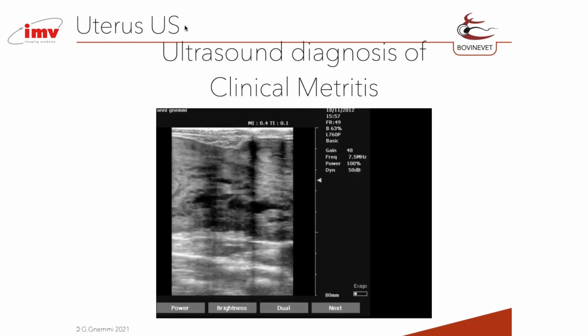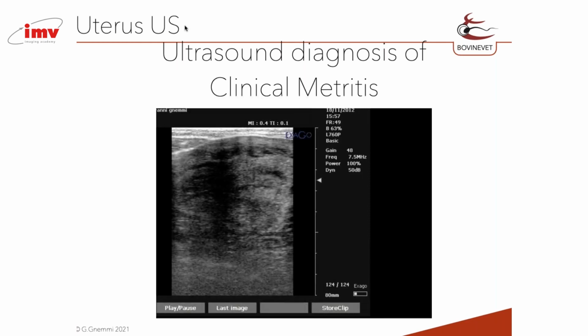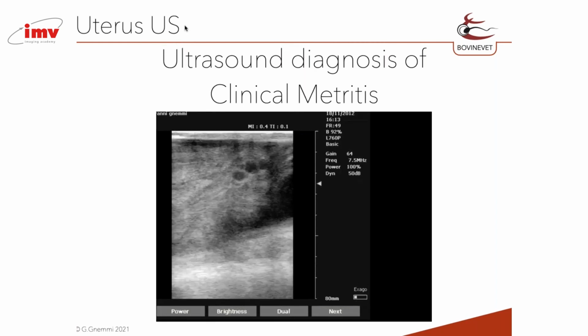So during the first 10, 15 days, if we check the uterus, we can see a typically white line over the cotyledons. This is the epithelium that is in necrosis, and under this there is the regeneration.